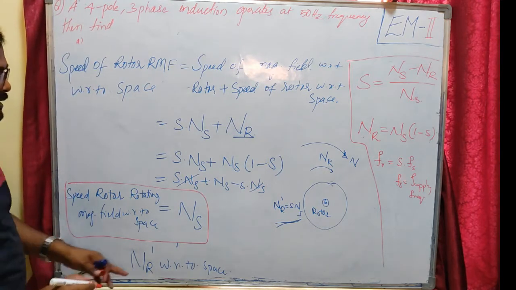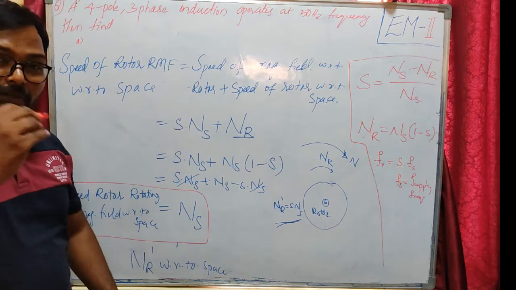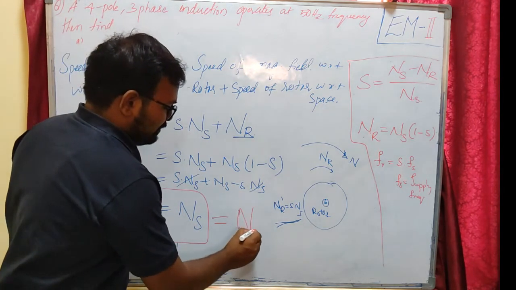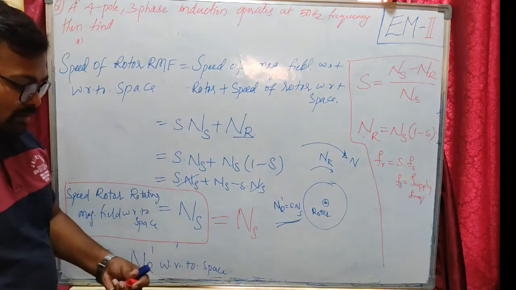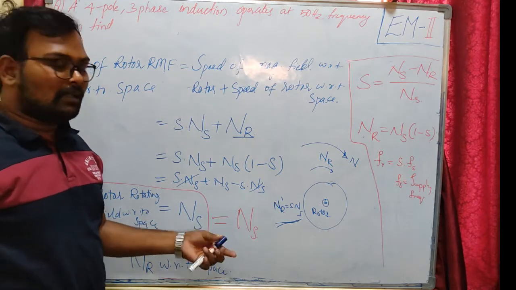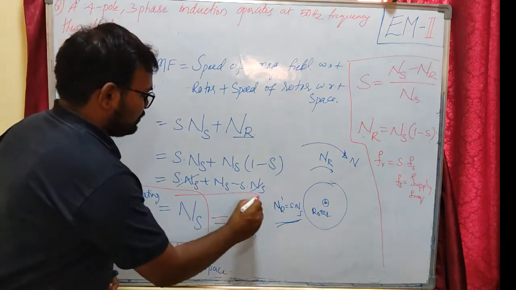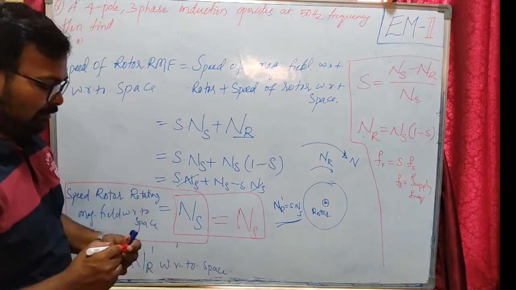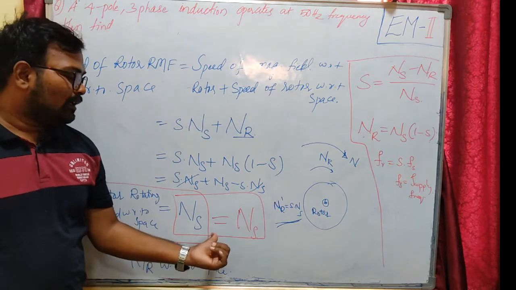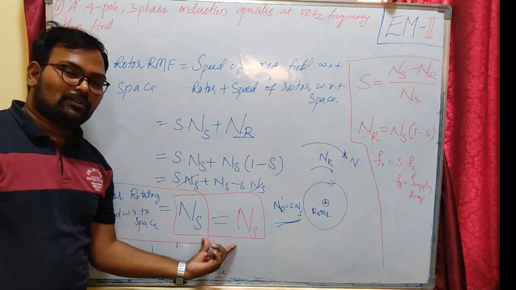This is the speed of rotor rotating magnetic field. What is the speed of stator rotating magnetic field? We got that is also equal to Ns. So, the rotating magnetic fields of stator as well as rotor are equal, which is equal to synchronous speed. Our rotating magnetic fields in the stator as well as rotor are rotating at synchronous speed.